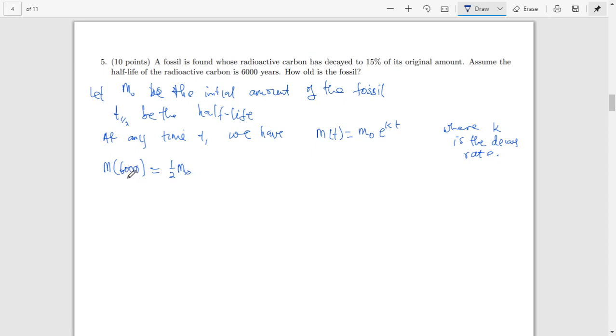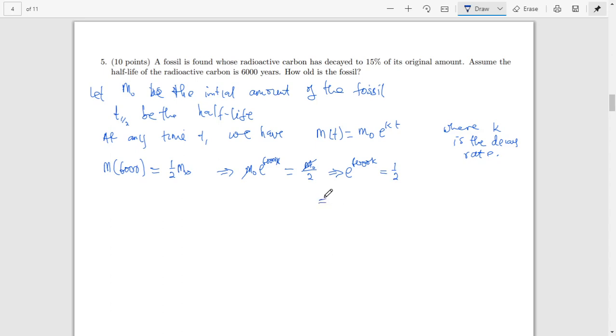But if you plug m of 6,000 into this formula, we get m naught e to the 6,000k, and this value is equal to 1/2 m naught, the same thing as m naught over 2. Since the initial amount is not 0, we can divide by m naught. We get that e to the 6,000k is equal to 1/2.